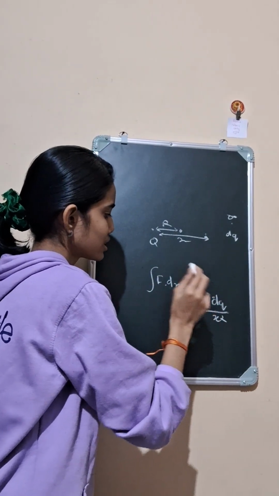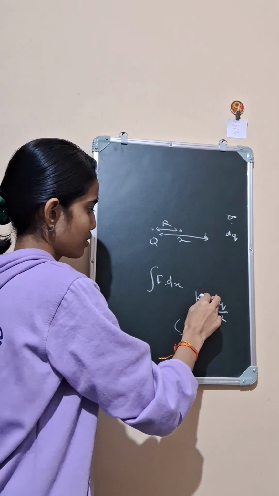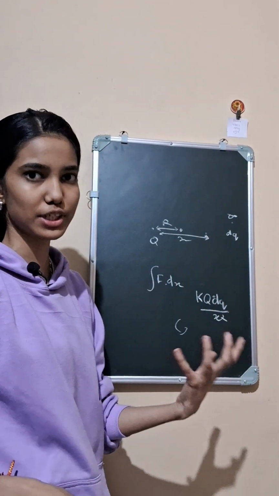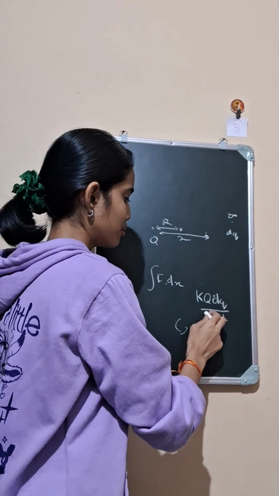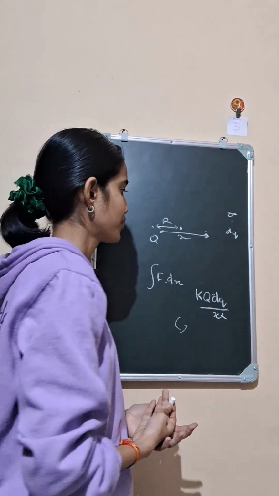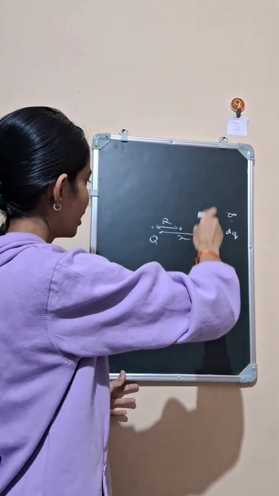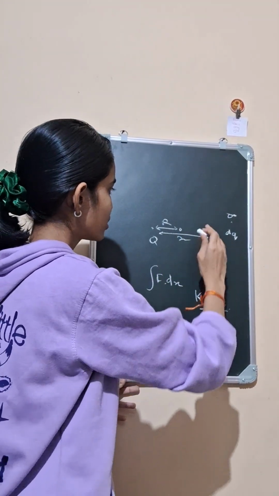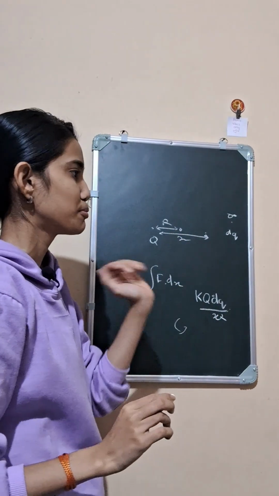Let us suppose it is k. And if there is some permittivity, the permittivity will be divided, right? So now we are going to integrate this force multiplied with some displacement dx.